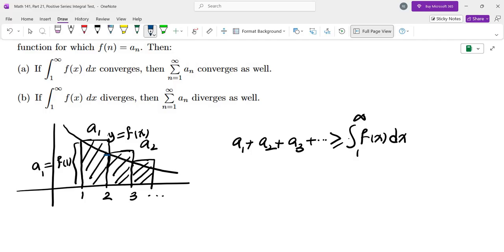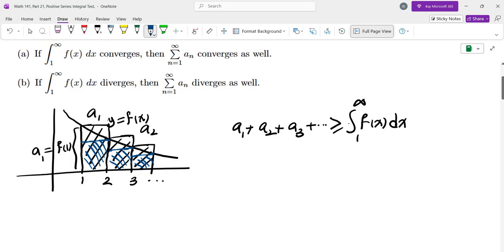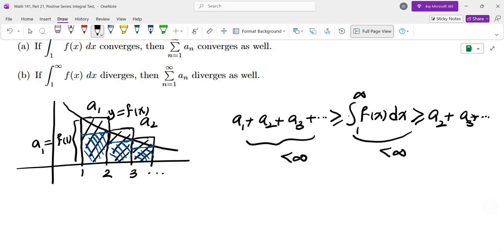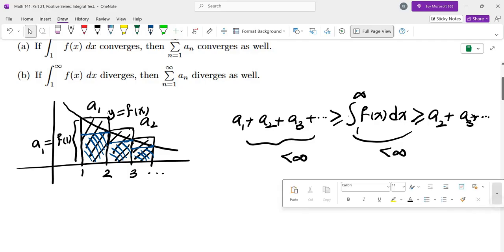Now if you look at the right endpoint approximation for the integral, the first area is a2, because it starts from 2 and the height here is f of 2, which is a2. So the integral is greater than or equal to a2 plus the next rectangle, a3, etc. So if this is finite, then this would also be finite, assuming that everything here is positive.